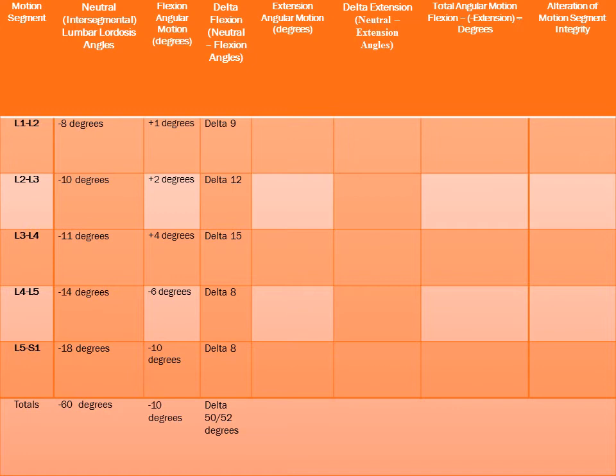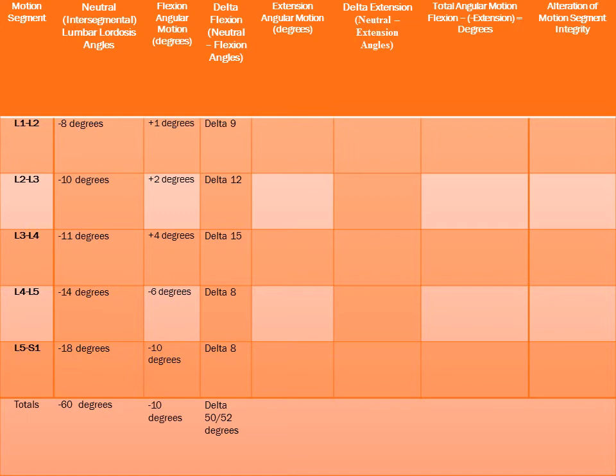That lumbar motion segment at L1, L2 moved 9 degrees from neutral position to full lumbar flexion. That indicates that it's a movable segment. At L2, L3, the change in flexion angle was 12 degrees. At L3, L4, it was 15 degrees. At L4, L5, it was 8 degrees. At L5, S1, it was 8 degrees.